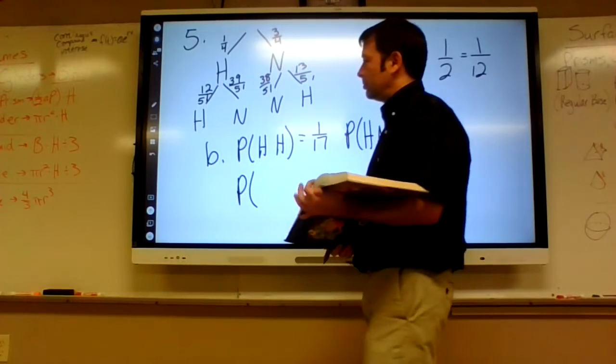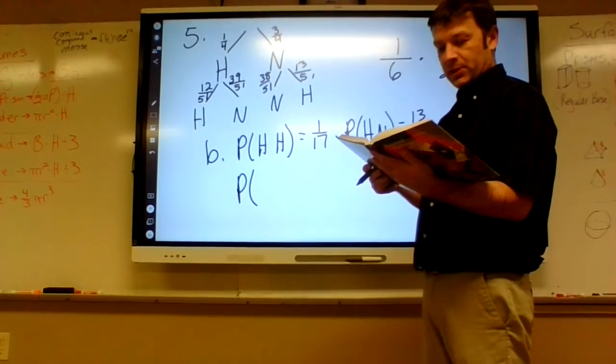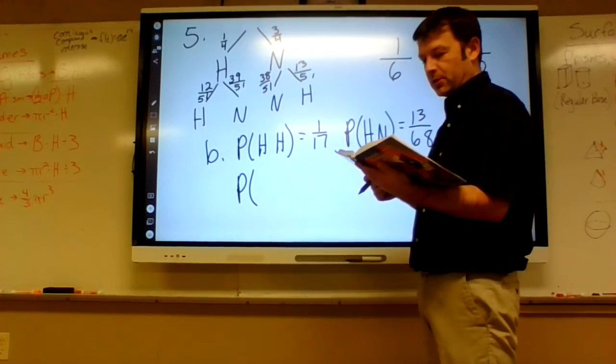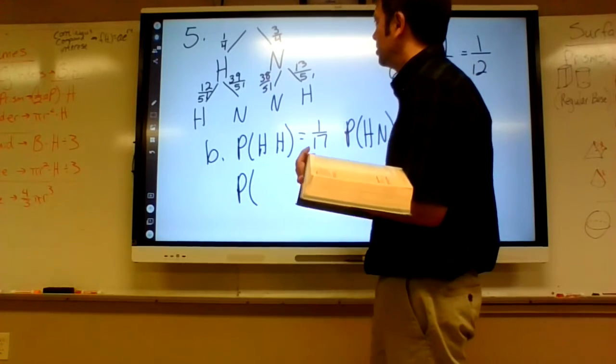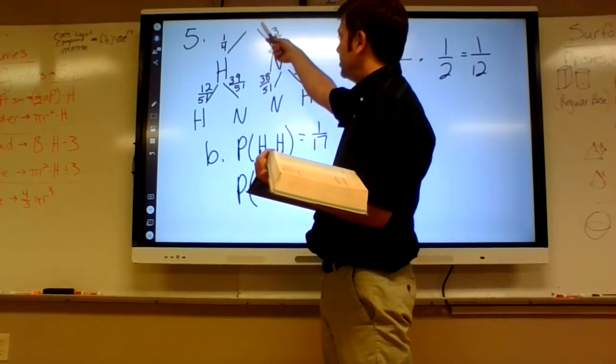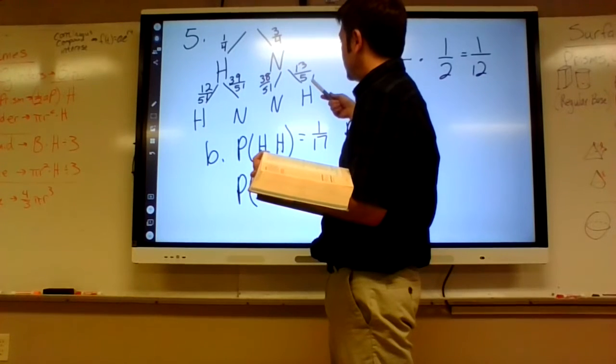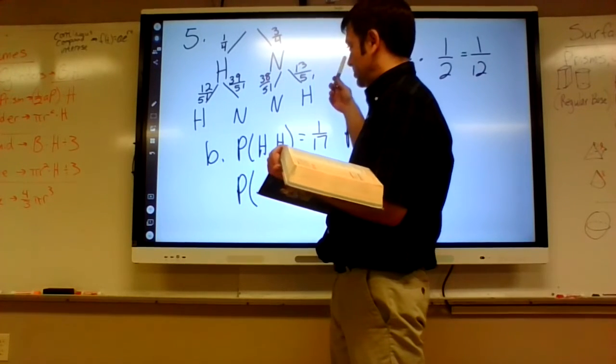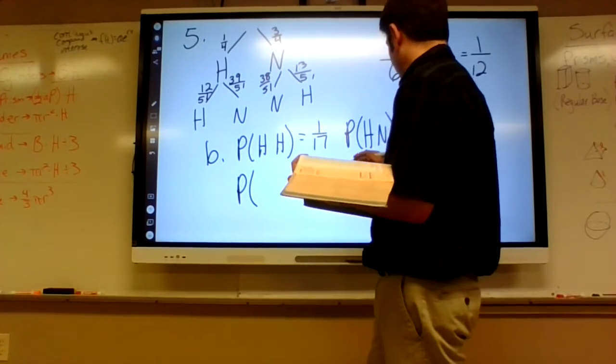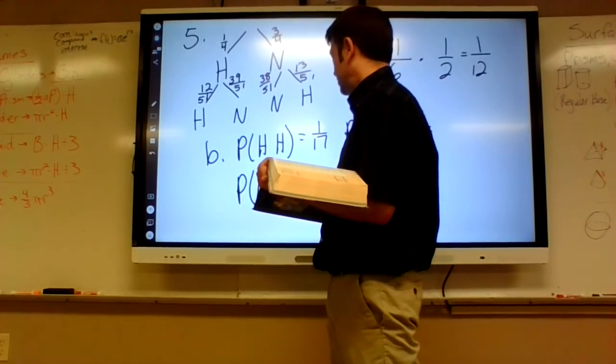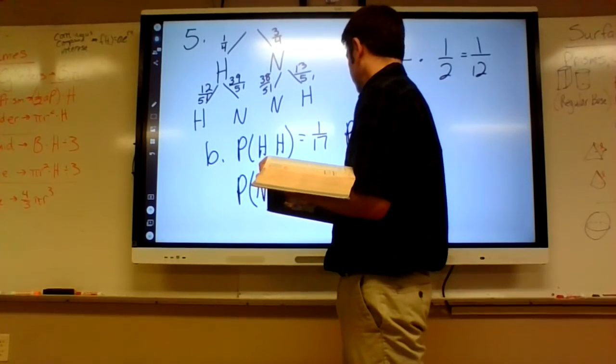What is the probability that we'd get not a heart and then a heart? It would be 3/4 times 13 out of 51. Happens to be the exact same thing as heart then not heart.